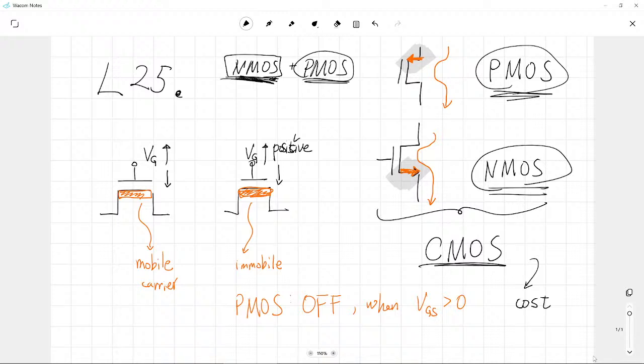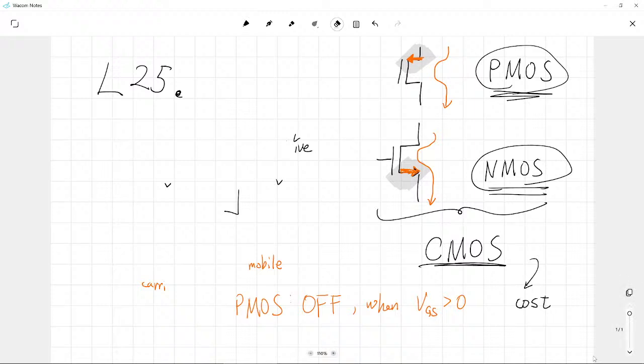So fabricating both NMOSFET and PMOSFET was not that easy at that time. However, the economic or performance advantage was so great that people dared to implement CMOS technology.